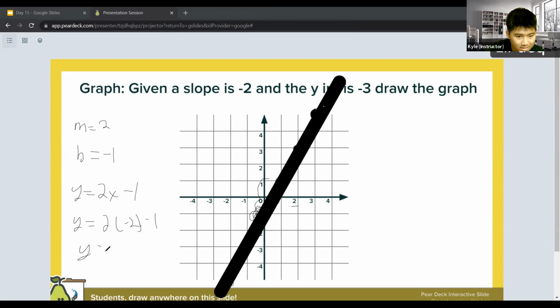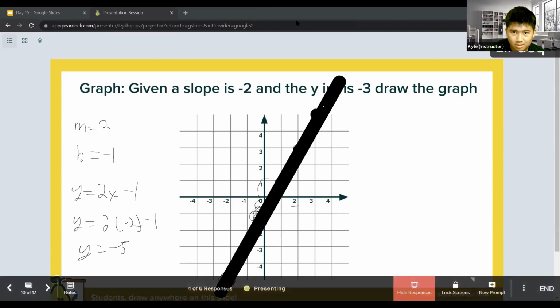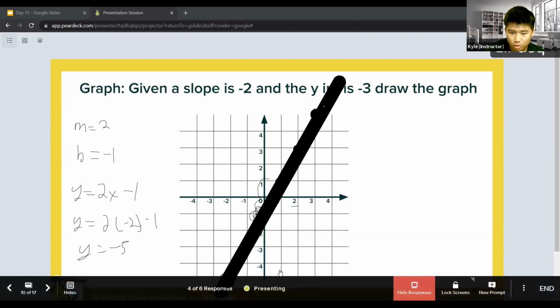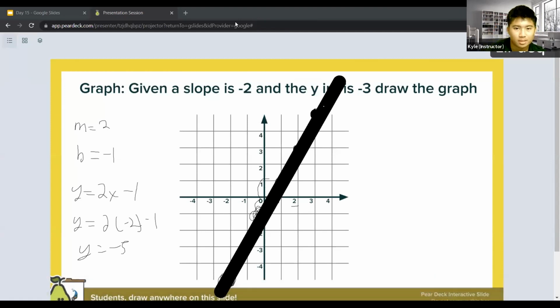And yes, so according to the graph, this is correct. So it should be -5 down here. Okay? Does that make sense? So which way do you guys think it's easier? Drawing the table or using the method of just thinking about the slope and then drawing the points using slope?